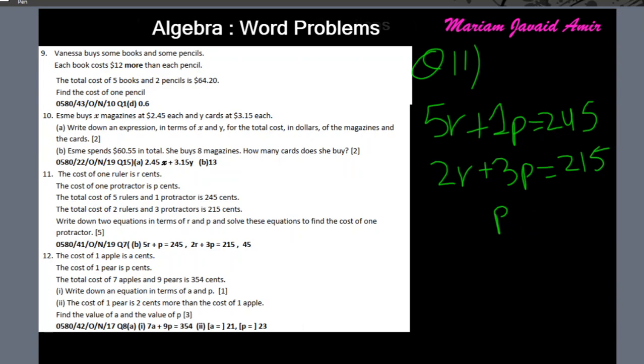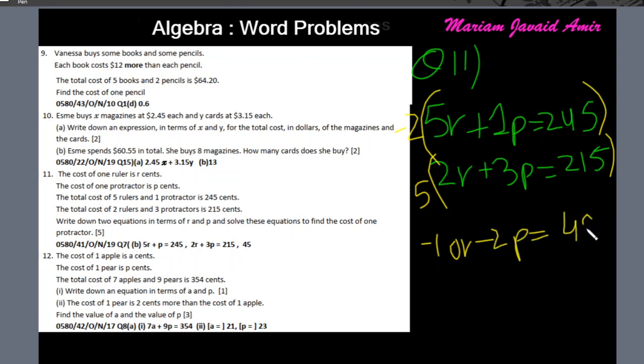So what we can do is try to eliminate r. For that, let's multiply this with minus 2 and multiply this with 5. So the first equation becomes minus 10r minus 2p equals minus 490, and the second equation becomes 10r plus 15p equals 215 times 5, which is 1075.